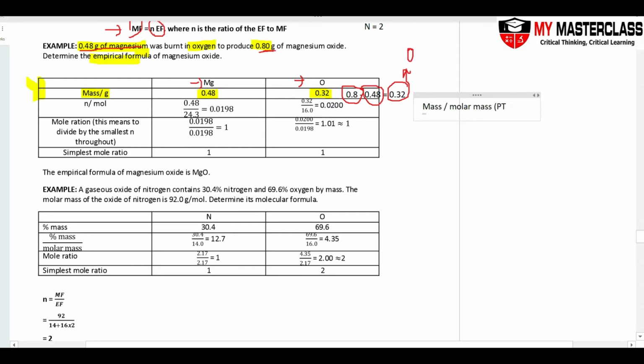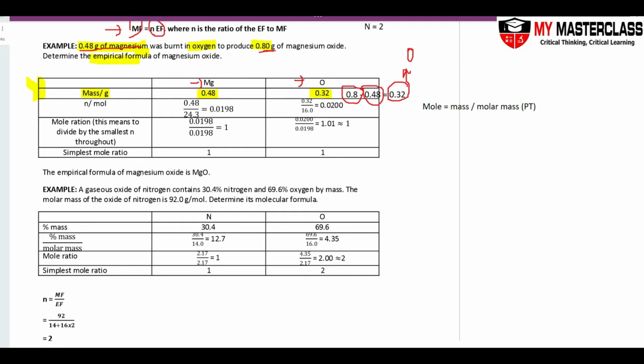Molar mass you get from your periodic table, and this will be equivalent to your mole. So 0.48 divided by 24, and 0.32 divided by 16. 24 is the relative mass of magnesium, 16 is the relative mass of oxygen. If you count it, you get 0.0198, 0.02.